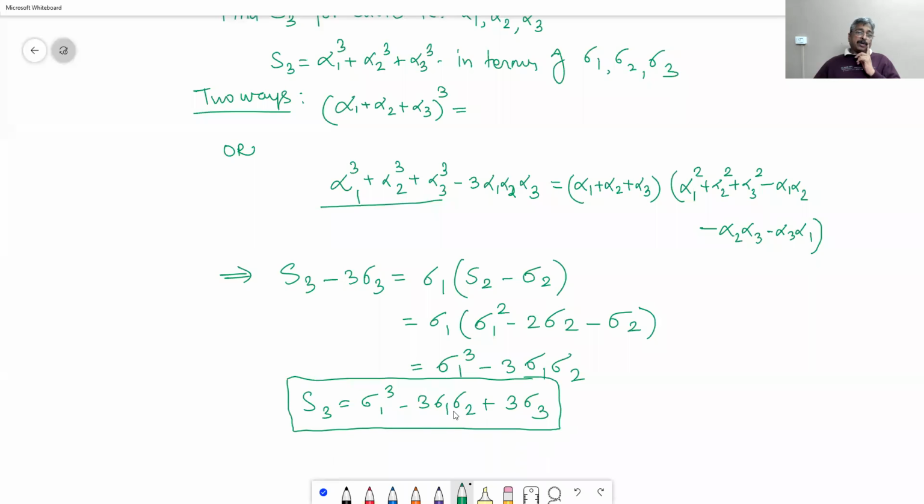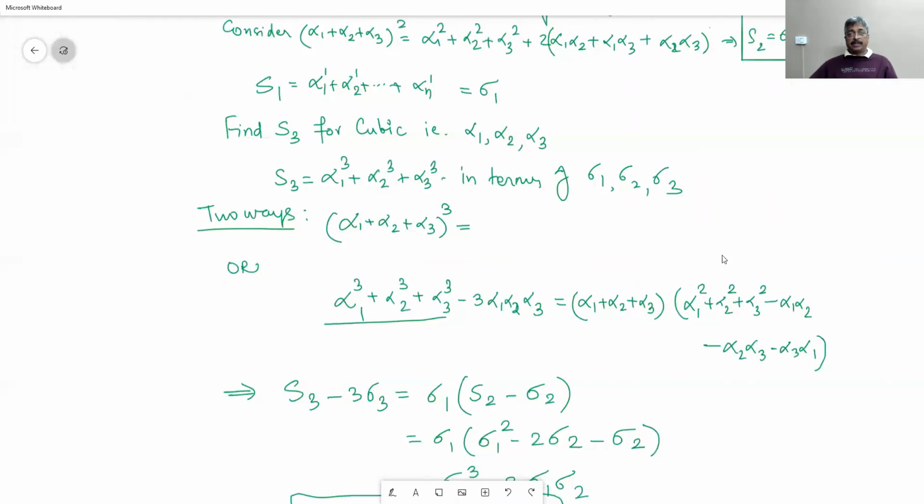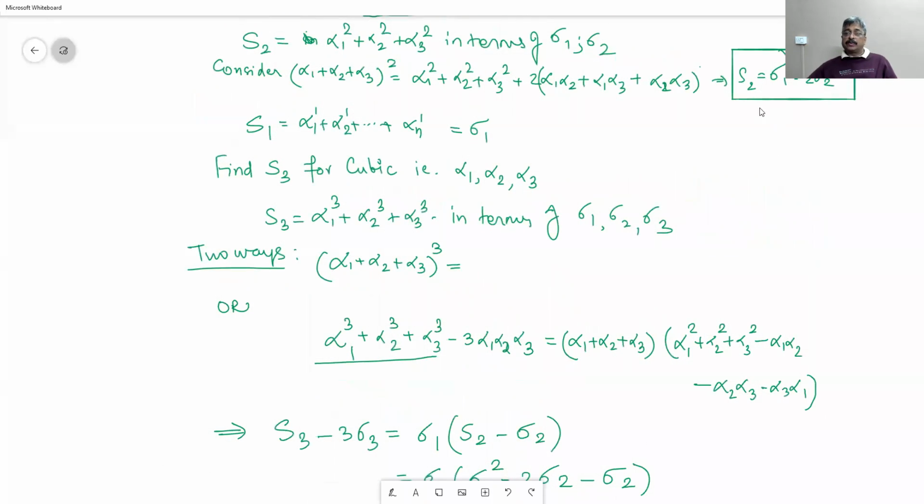This needs to be remembered. Remember, S2 is sigma 1 square minus 2 sigma 2.